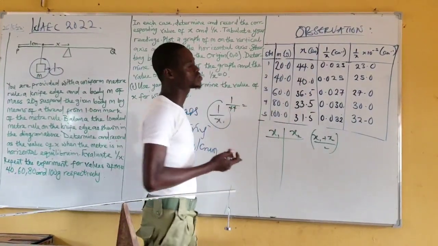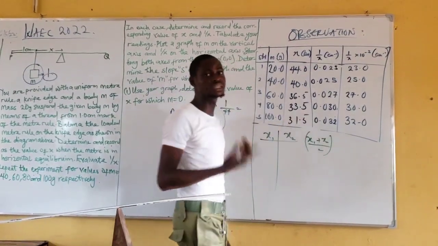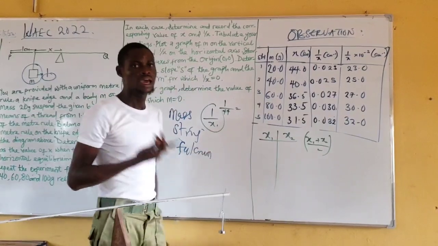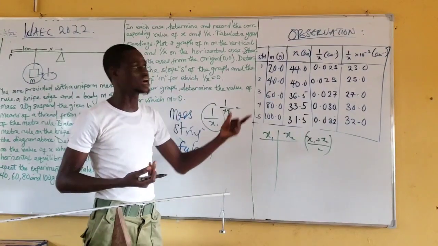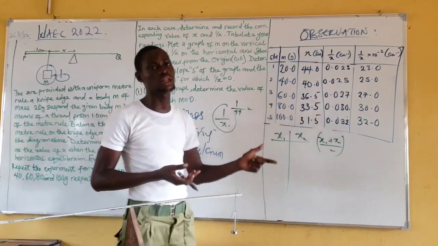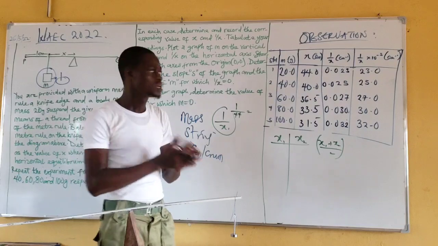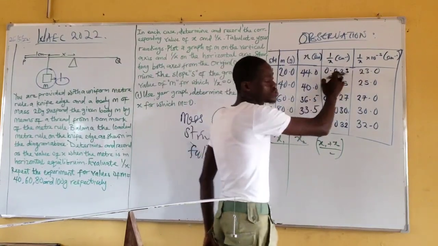Now the next thing I try to do is to convert my value of 1 over x into standard form. Because I noticed that if I want to find the scale of this graph, it might look tedious for me to calculate the scale. So the best thing for me to get an easy scale to use is to convert this into standard form.